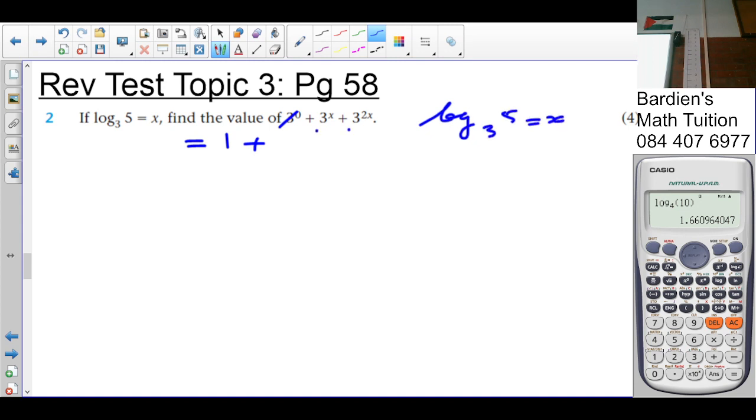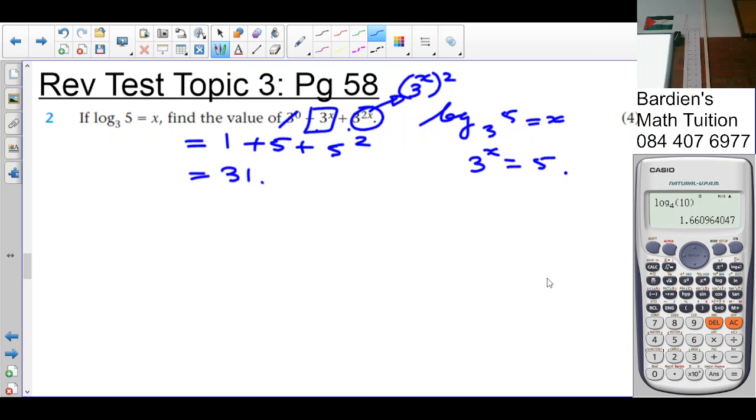That is in logarithmic form, so I must convert this first to exponential. So this is 3 to the x equals 5. So you see there's 3 to the x, so that's plus 5, plus. Now 3 to the 2x can be written as 3 to the x squared, not so? 3 to the x is 5, so 5 squared is 25, plus 5 is 30, plus the 1. The answer is 31.